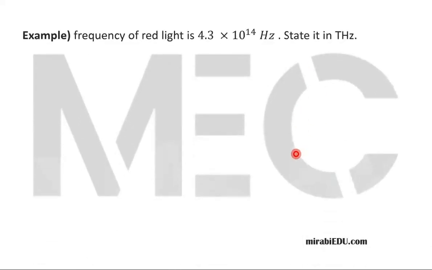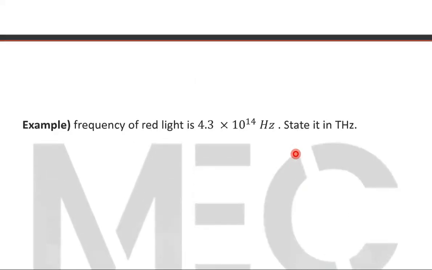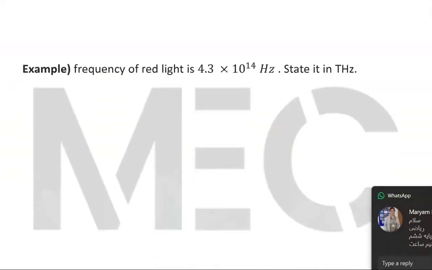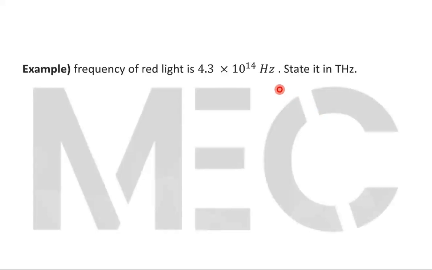Okay, frequency of a light is 4.3 times 10 to the 14 hertz. State in terahertz. So we need to memorize the prefixes.